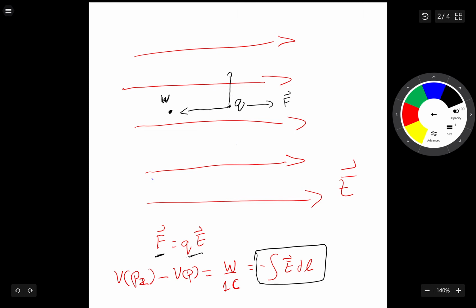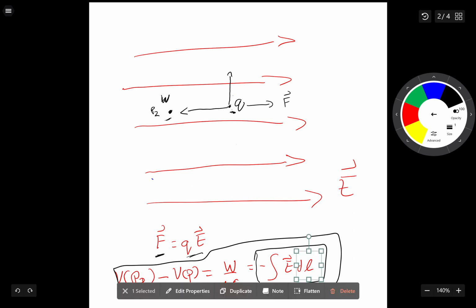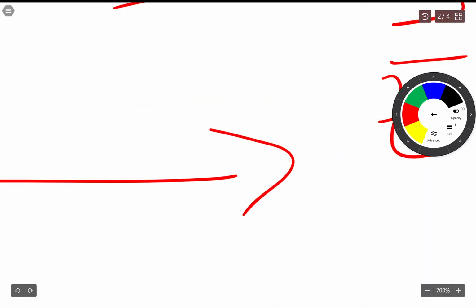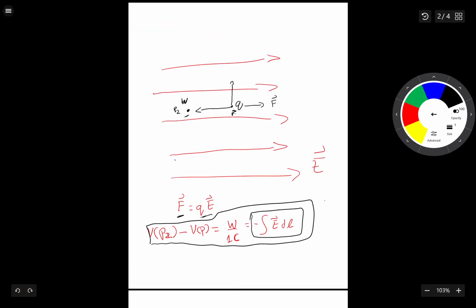So, the amount of work. Now, what is electric potential? This is the equation. The electric potential is the potential difference from here to here. So this would be our P1, this would be our P2. The electric potential difference is the work done on 1 coulomb of charge moving from one point to the other in the opposite direction of the electric field.